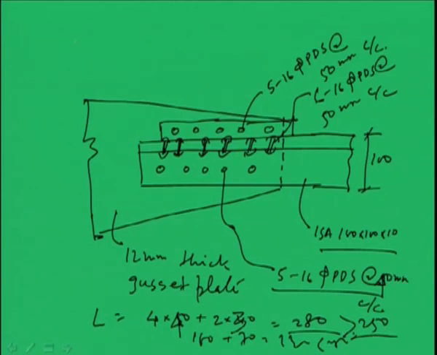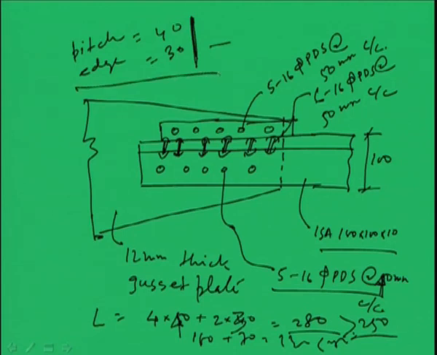So, the pitch connected to the gusset plate, let us make 40, and edge 30, to include 5 rivets into the gusset plate. So, we can redesign, means reorient the rivets, so that the required length of 250 millimeter for the gusset plate can be adjusted. So, in this way we can make.